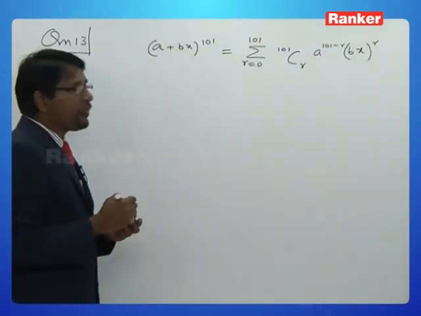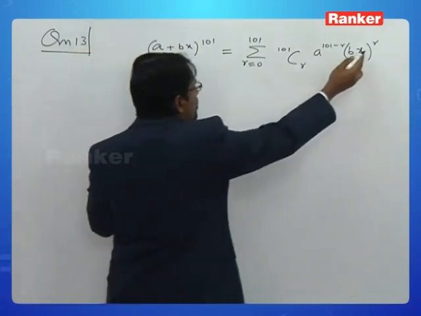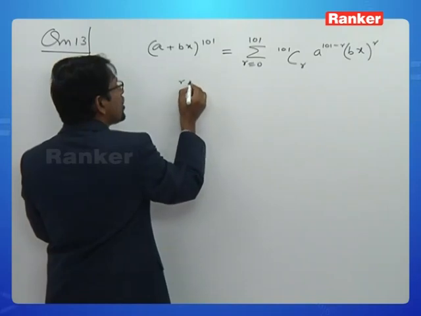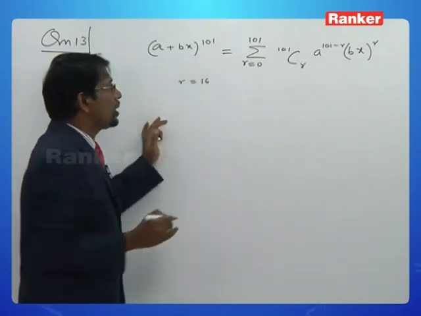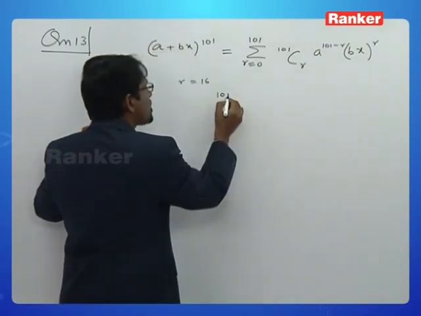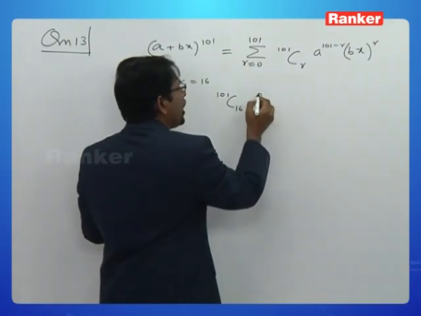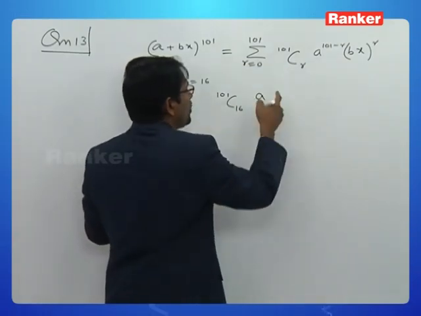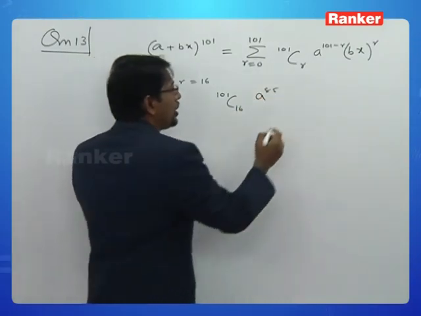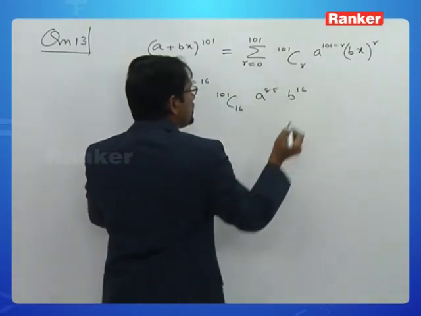Now the coefficient of x power 16, how do I pick up the coefficient of x power 16 here? So r has to be 16 here. Okay, so put r equal to 16. If I take r to be 16, what do I get? 101 C16 into a power 101 minus 16, that is 85, into b power 16.